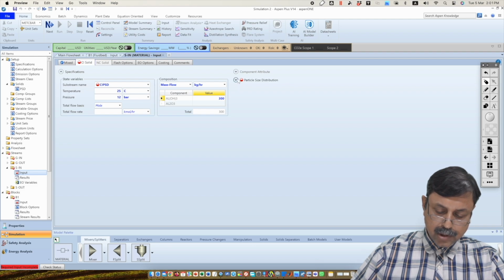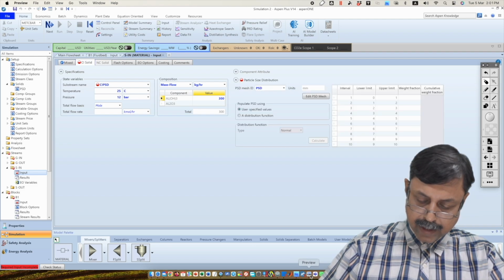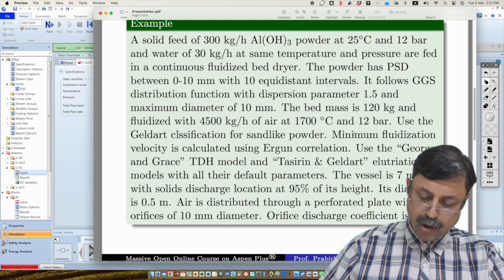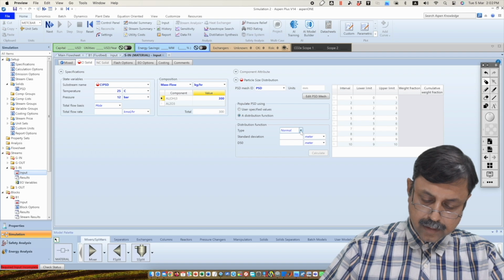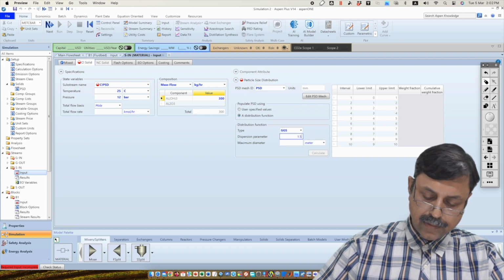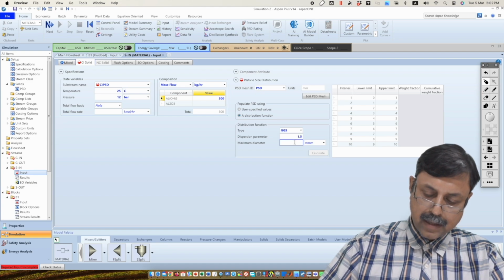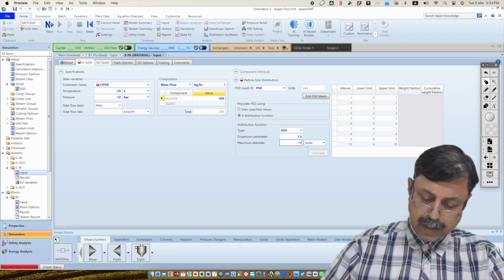The particle size distribution has to be fixed. Let us see the problem once again. It says it follows a GGS distribution with dispersion parameter 1.5 and maximum diameter of 10 millimeter. So the distribution function is GGS, dispersion parameter 1.5, and maximum diameter is 10 millimeter.